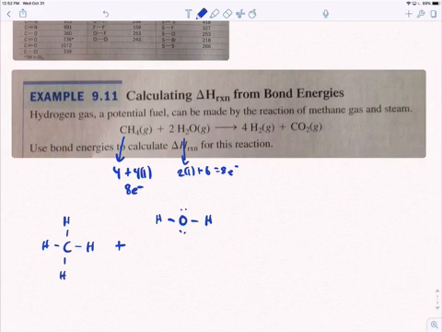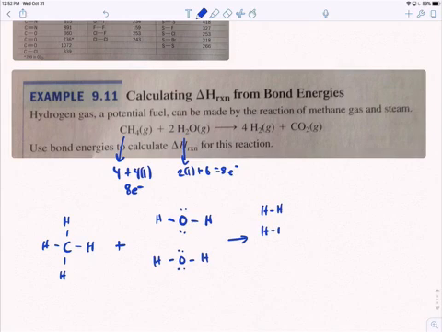Oxygen has an octet, hydrogen has a duet, it's happy. We have 2 of these. And hydrogen is just a single bond, like this.